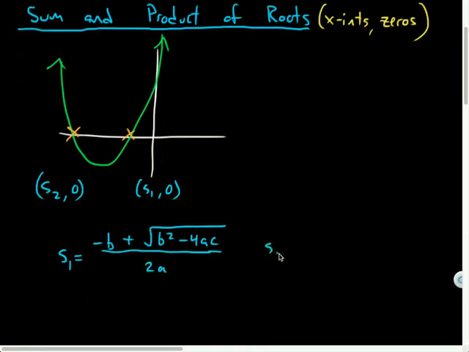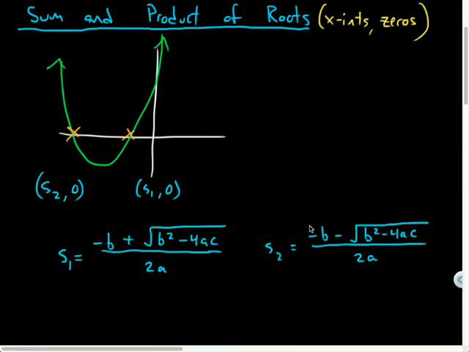And S2 is going to be the opposite of b minus the square root of b squared minus 4ac all over 2a. So both of these are going to represent our two different x-intercepts. Notice we have a positive and a negative. That's the plus or minus from the quadratic formula.